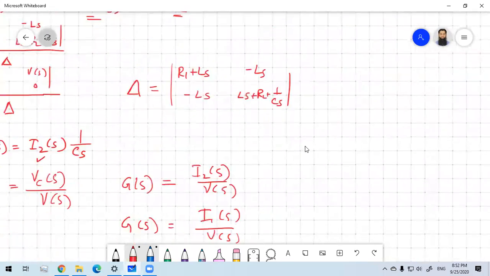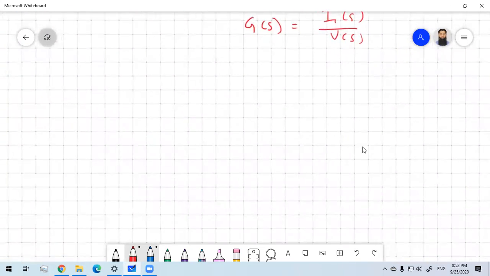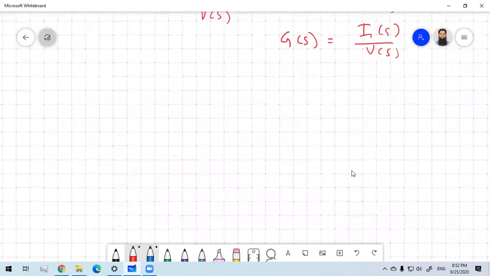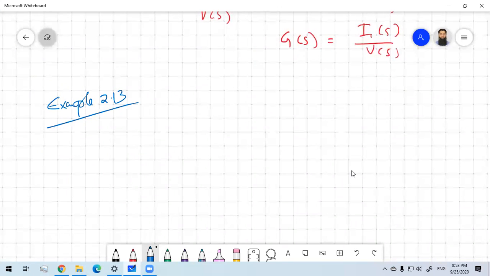Okay, so go for the three-loop exercise if you want, and then you have your example 2.13. It is three loops, and they are given using physical quantities now.